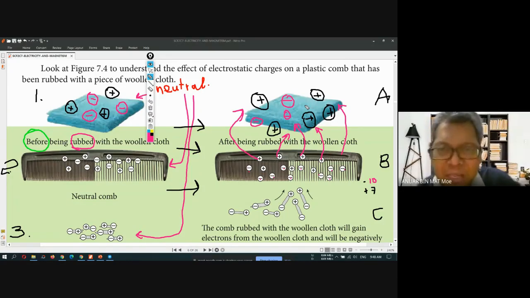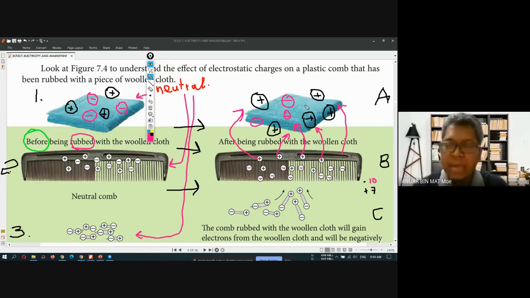Can you remember? Because there is friction when you rub very vigorously. Kamu gosokkan baju itu, kain itu kamu gosok dengan sikat. Right? When you rub the two objects together, there is friction. And when there is friction, the charges will transfer.